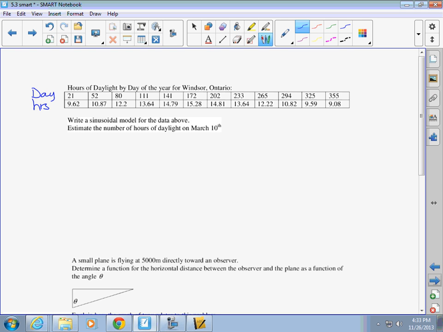So our maximum value, if we take a look at all of these, is 15.28. The least amount of daylight occurred at 9.08 hours. So if we want to find our amplitude, we take a look at the maximum and minimum.